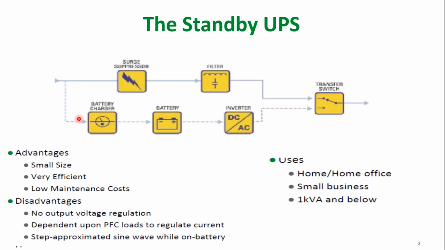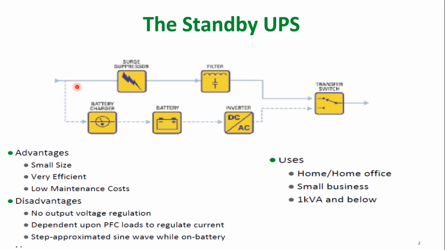Now we can see there is a transfer of power. When the power fails, from online to battery or battery to online, there is a transfer of power. We call it the transfer time. Please note it down: UPSs with a standby topology have a transfer time of 7 to 8 milliseconds.